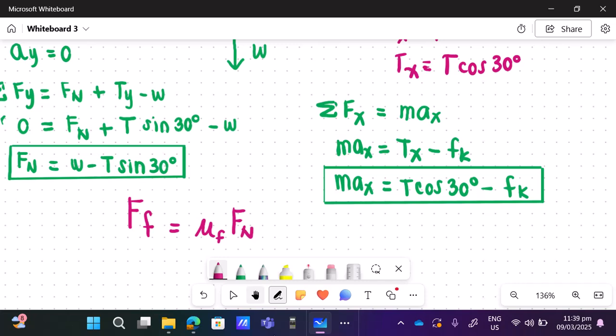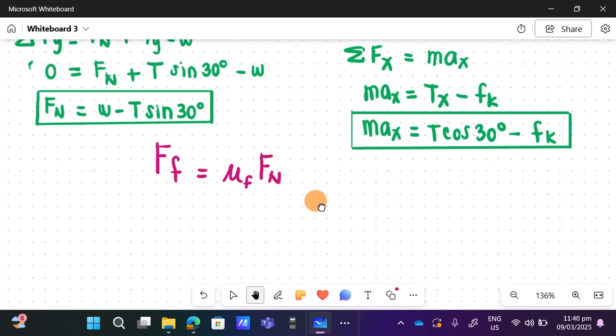So for example, in this case, since it's kinetic friction, the magnitude of force due to friction is equal to the coefficient of kinetic friction times the magnitude of normal force, which means force due to kinetic friction is equal to mu sub K times this expression, that will be weight minus T sine theta, or 30 degrees.